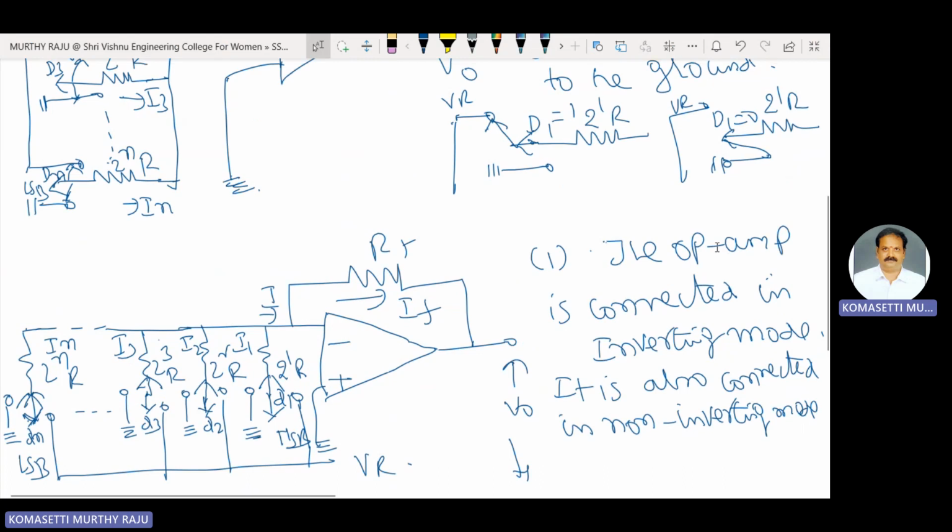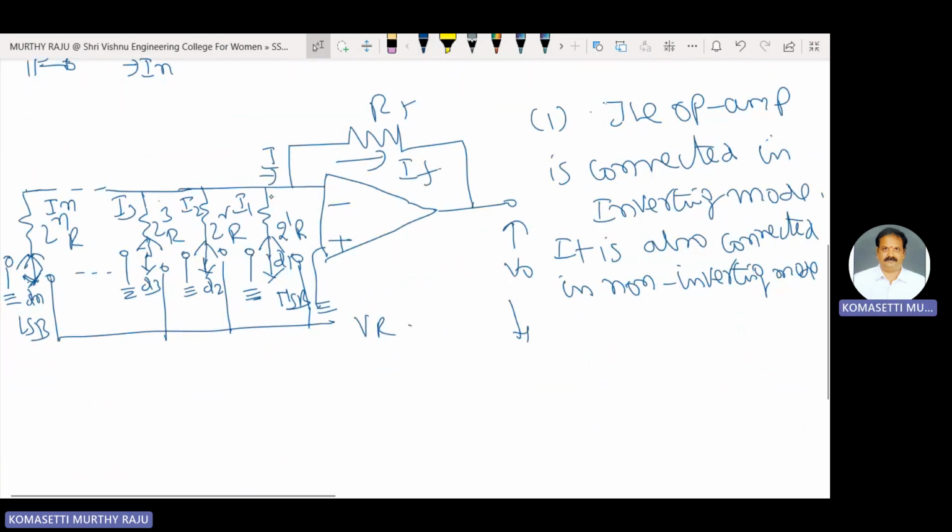The op amp is simply working as a current to voltage converter. Here some currents are there. I is equal to I1 plus I2 plus I3 plus so on. Here IF is equal to, the non-inverting terminal of the op amp is connected to ground, here also 0 volts. Therefore I is equal to 0 minus V0 by RF. Therefore the total representation is a current to voltage converter.